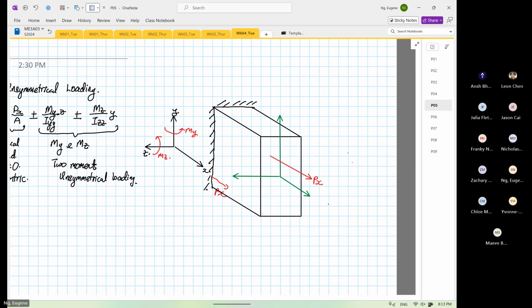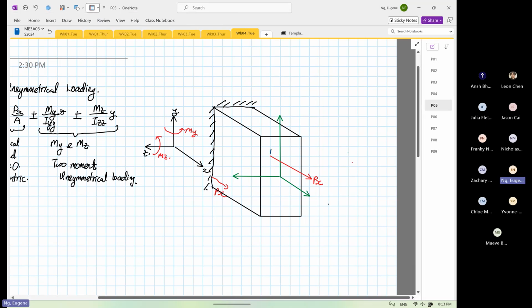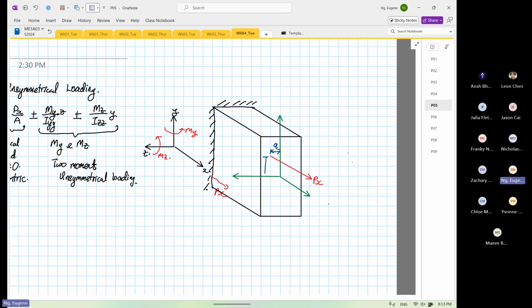And then we have two distances now. The distance from here to here, I'm going to call it A, and the distance to here is B. So this distance is A, and that distance is B.